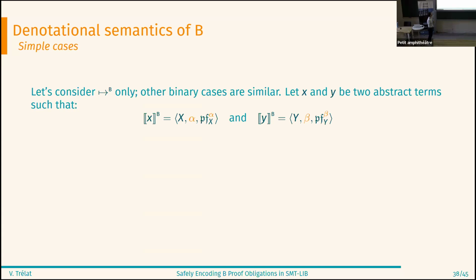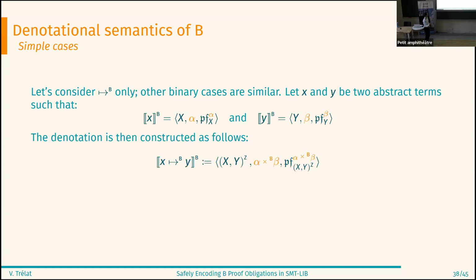So X is equal to X alpha and a proof that X is in alpha, and same for Y. And inductively, we want to build the denotation of the pair XY. It's built as follows: the pair XY is denoted by this triple, so the pair XY taken in ZFC. Now the encoding of pair in ZFC is called the Kuratowski pairs. It's just encoding pairs, whatever.